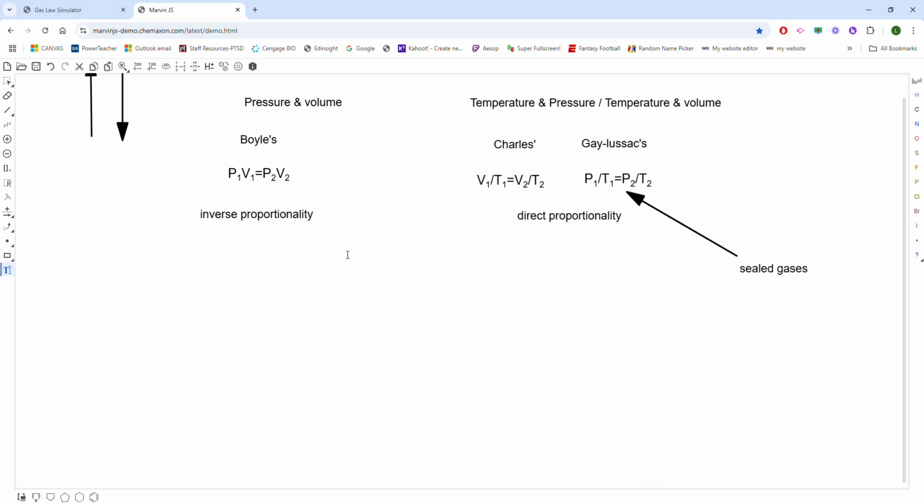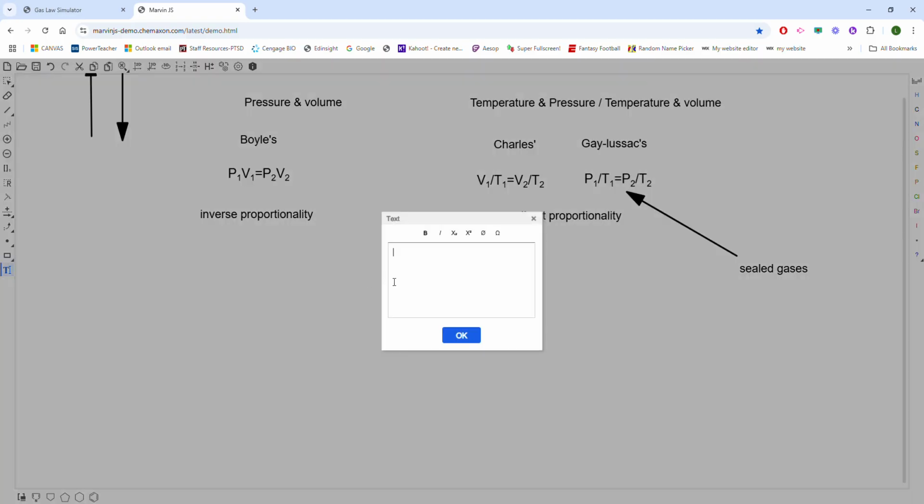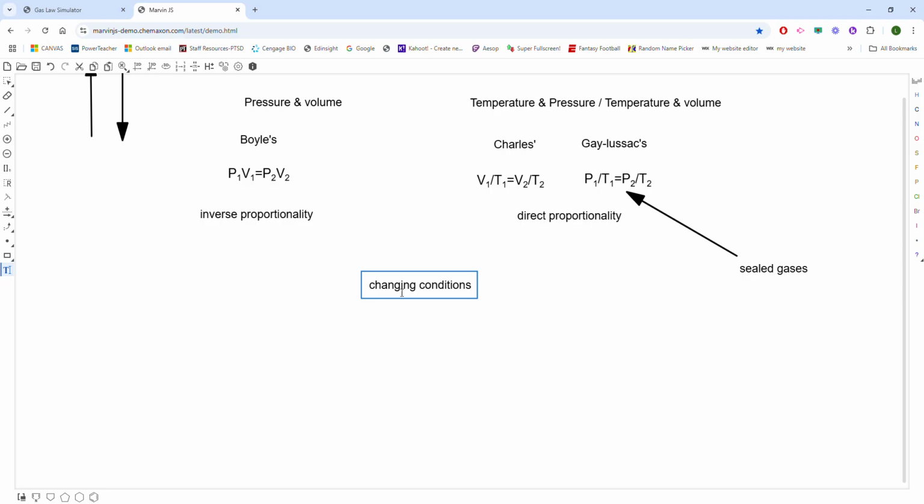So we'll get some more practice when we come back on Thursday, but I wanted you to be aware of the conditions where you would apply these gas laws. These three major gas laws really only apply for changing conditions, a before and after situation.